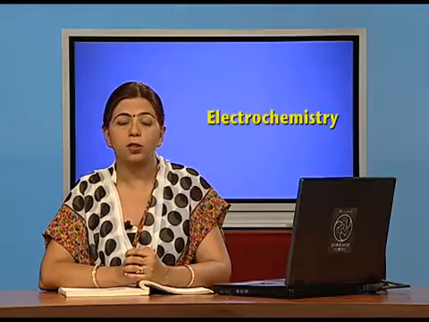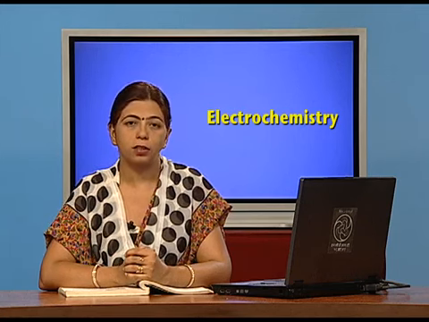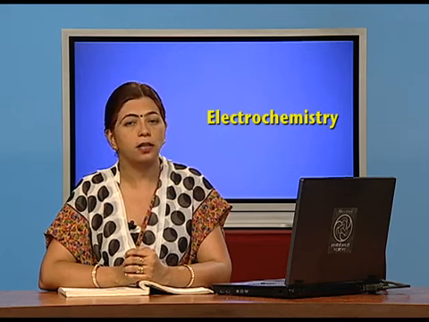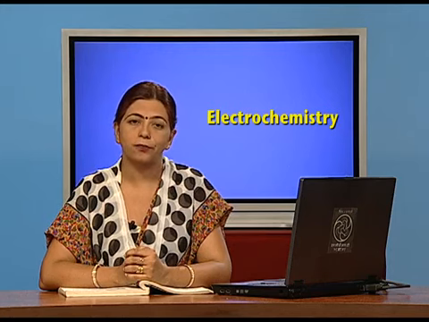Then I explained how to calculate the cell potential, the standard electrode potential by using the Nernst equation. We also studied the conductors, the metallic conductors and the electrolytic conductors, and how the metallic conductors are different from the electrolytic conductors. I also explained concepts like resistance, conductance, resistivity, conductivity and the molar conductance.